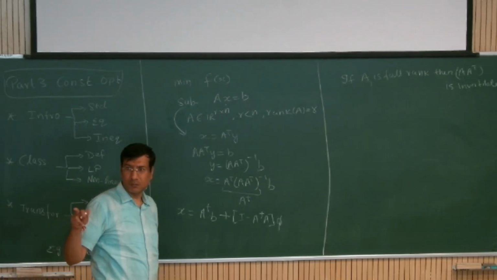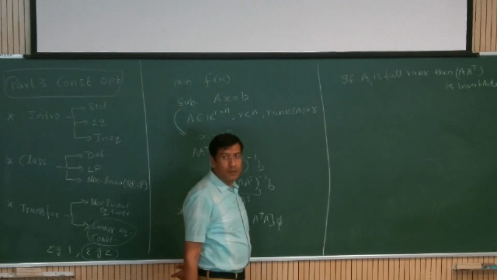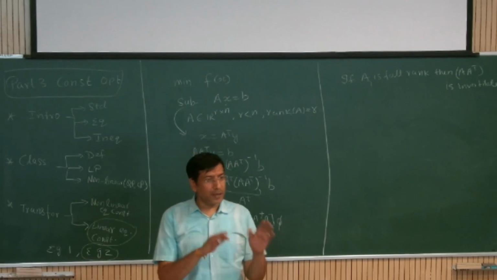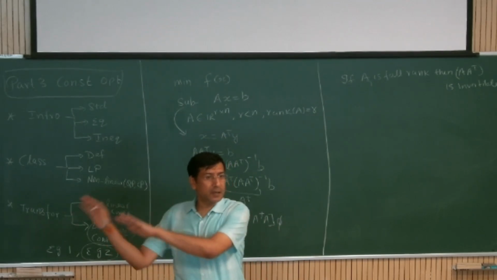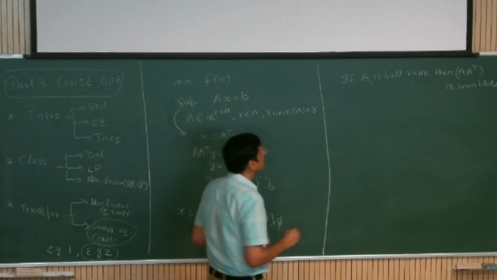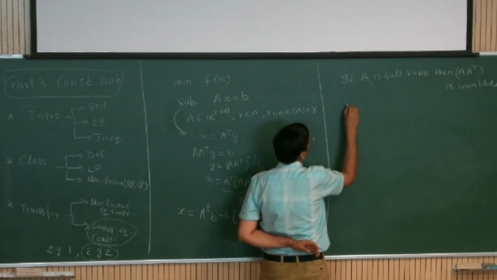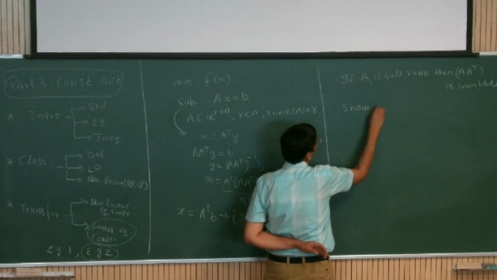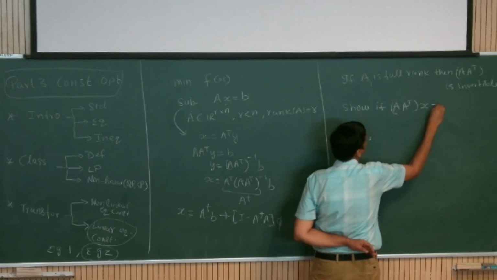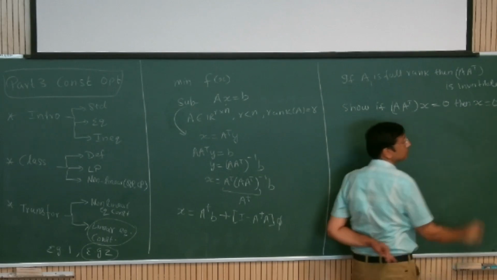No. Atharv. Yes, Atharv. How did we prove this yesterday? We used the condition that if a matrix is invertible, A times x equal to 0 implies x is equal to 0. That is the only solution, right? So what we have to show here is, if A transpose x is equal to 0, then x is equal to 0. This is what we had to show.